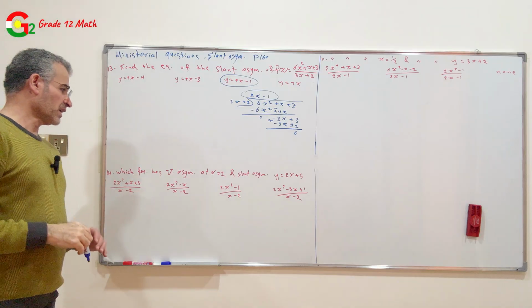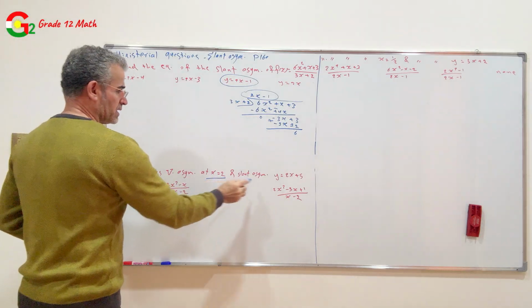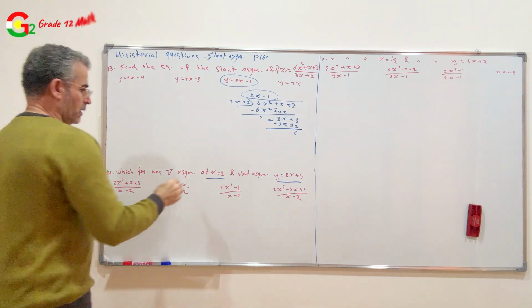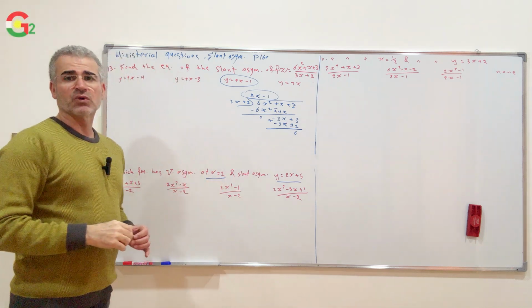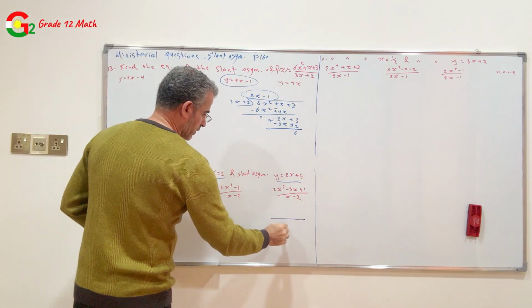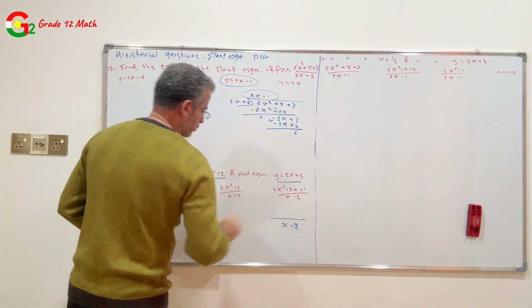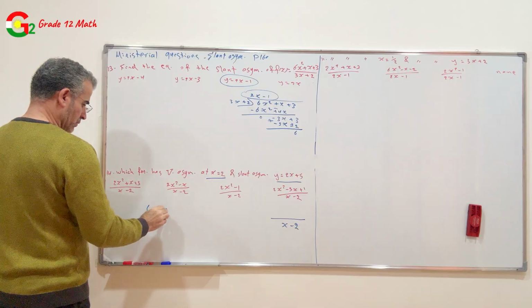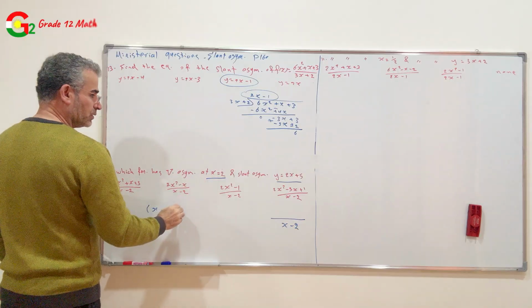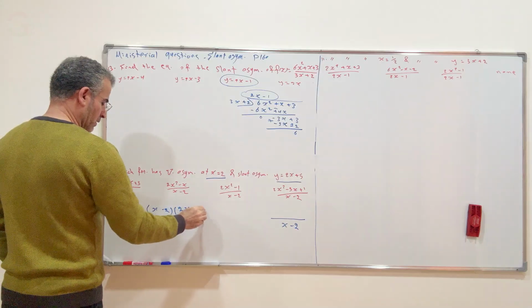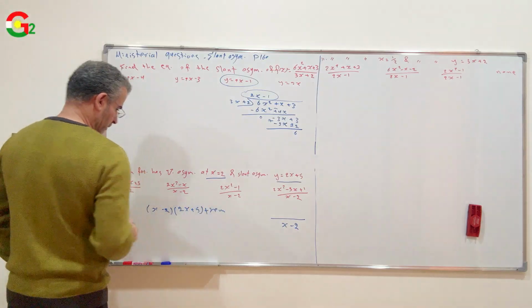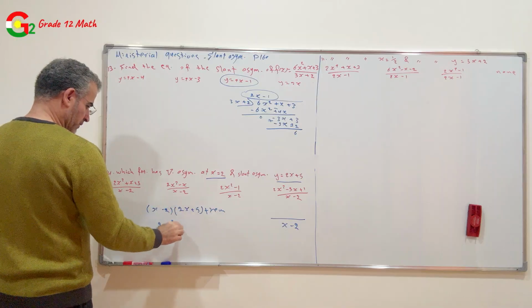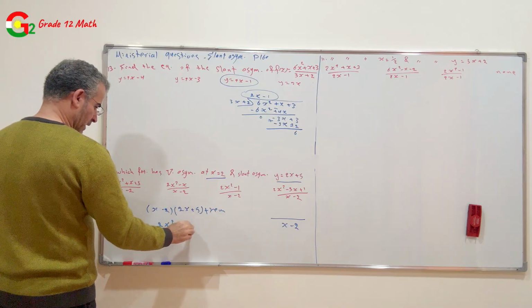Question number 14. Which function has a vertical asymptote at x equals 2 and slant asymptote at y equals 2x plus 5? Since the function has a vertical asymptote at x equals 2, then the denominator is x minus 2. For the numerator, multiply the denominator x minus 2 by the slant asymptote 2x plus 5, and add the remainder. x times 2x, 2x power 2, x times 5, 5x.